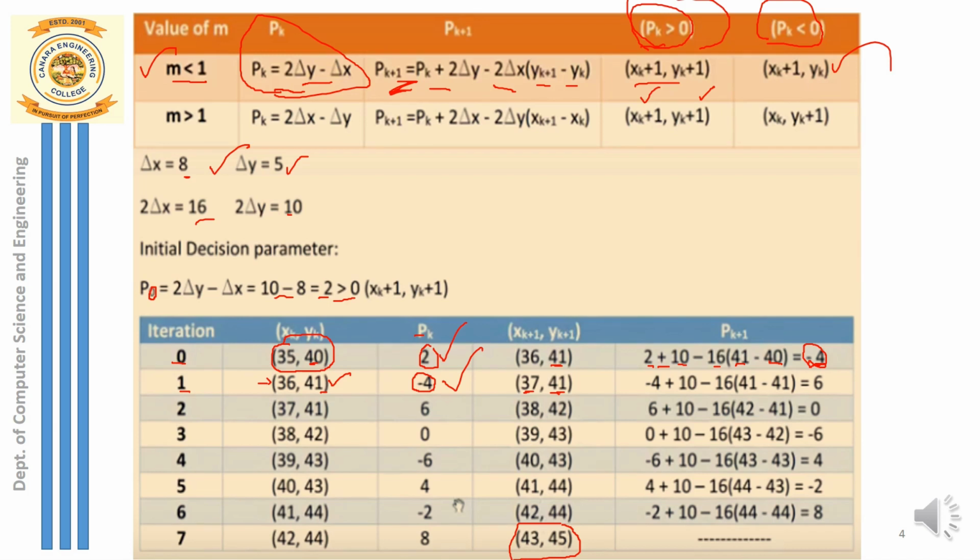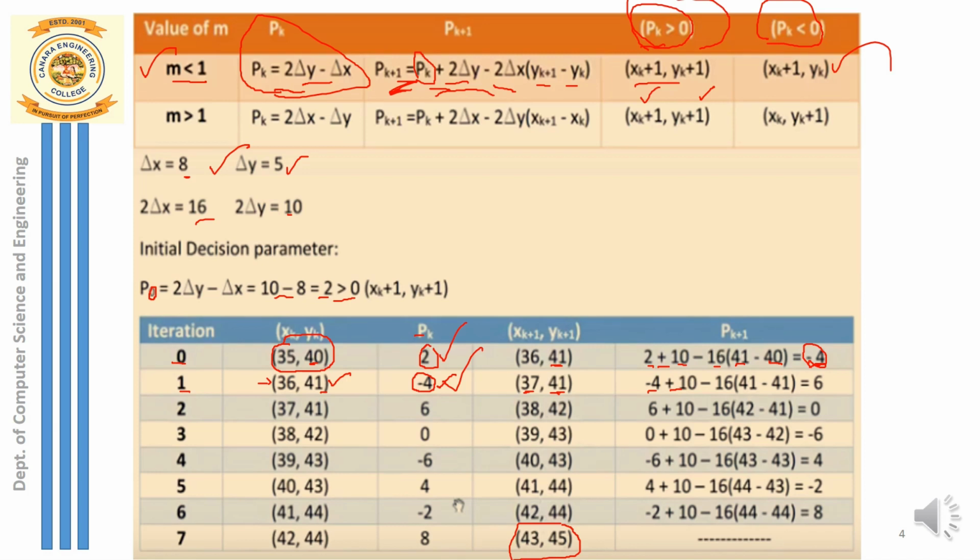Remember, after plotting this point, we are ready to calculate the next decision parameter value as per our formula. So what is our next decision parameter value? In our formula, the first value is our previous decision parameter that we have just calculated, pk, and that is minus 4. So you substitute minus 4 here, plus the formula remains the same. What is the formula saying? 2 delta y. How much is 2 delta y? It is 10, minus 2 delta x. What is it? 16.